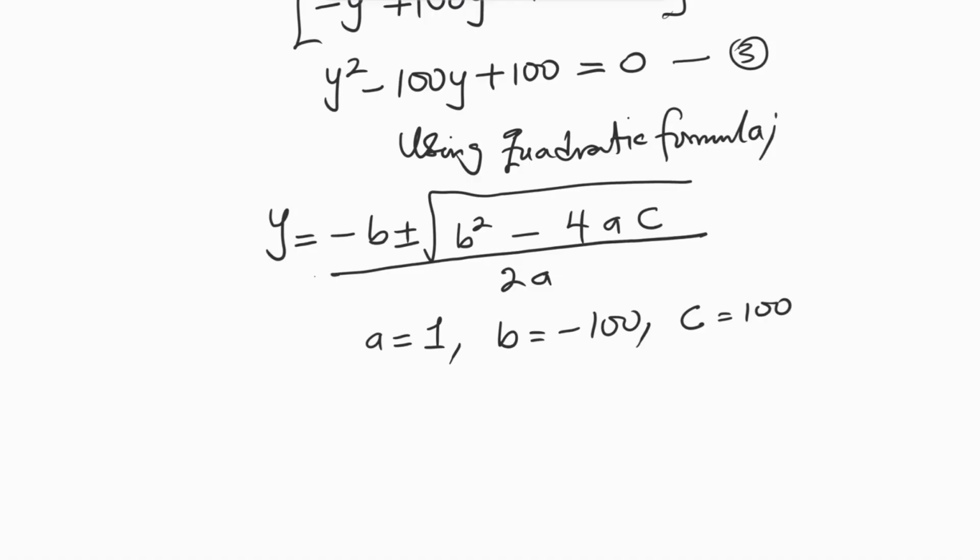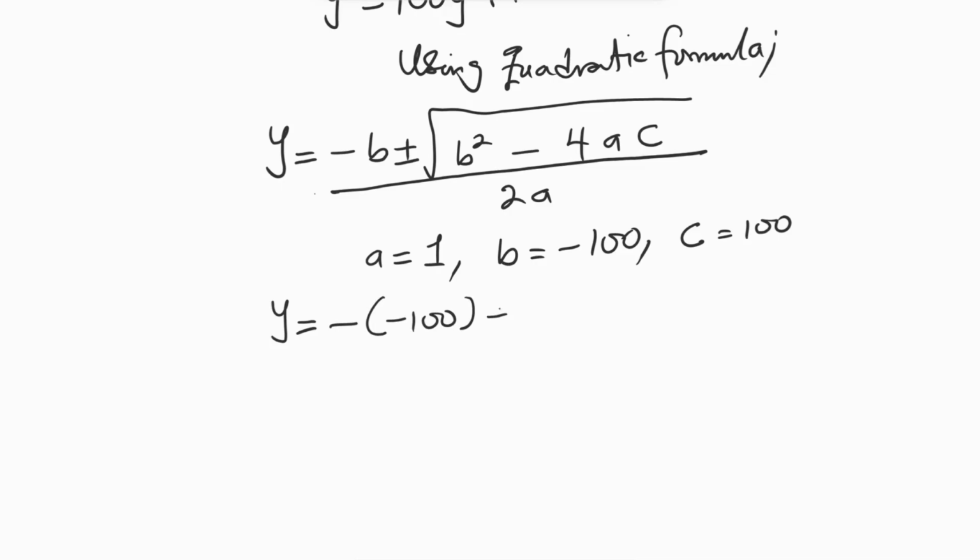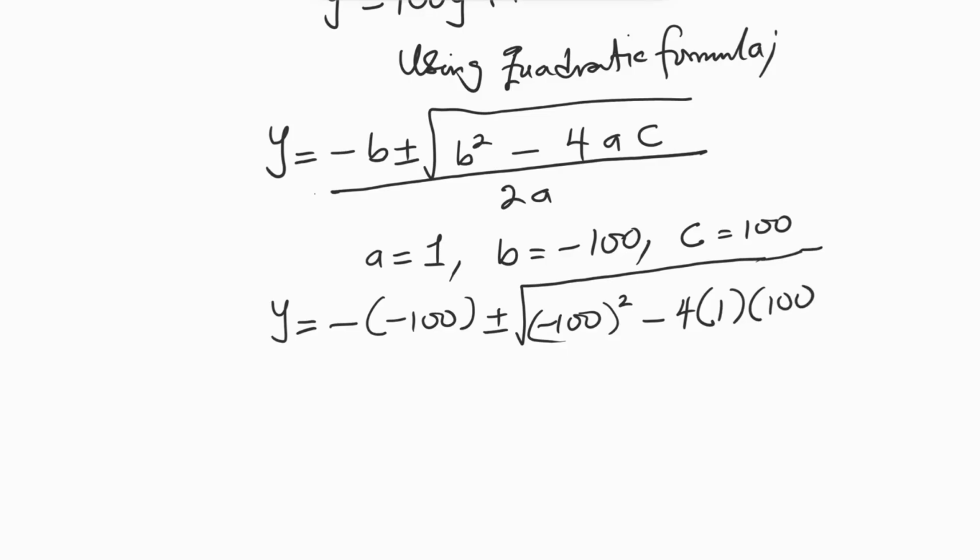So let's plug these values into the quadratic formula that we have right in front of us. So y is equal to minus 100, because our b is minus 100, plus or minus root of minus 100 squared minus 4, a is 1 and c is 100, all divided by 2 times 1.